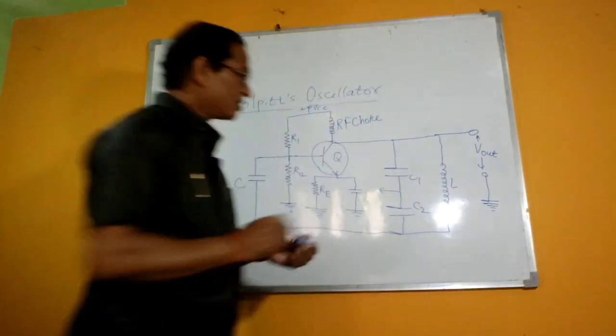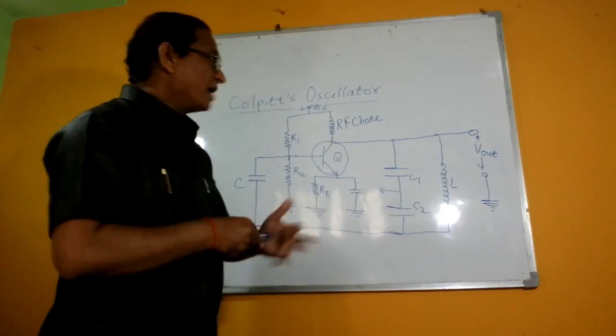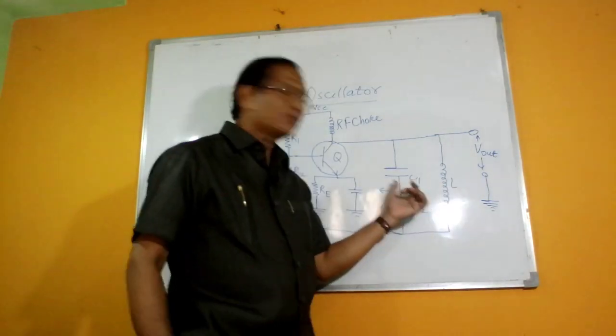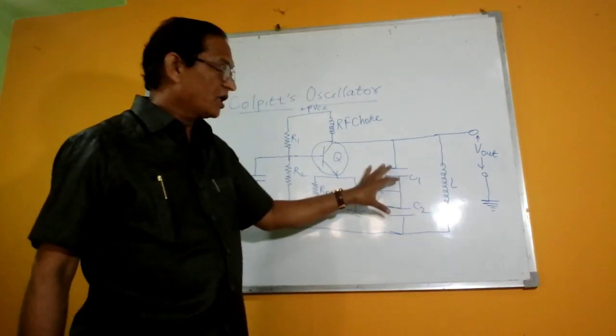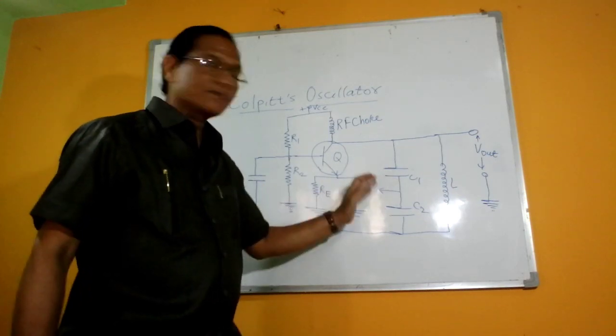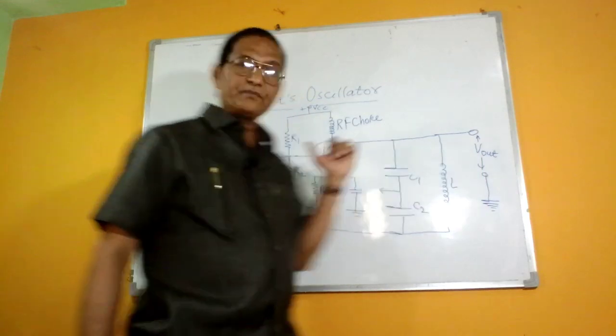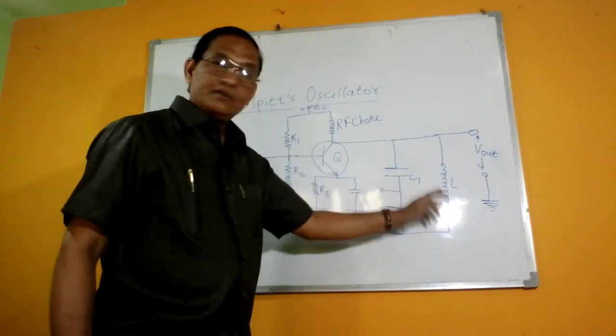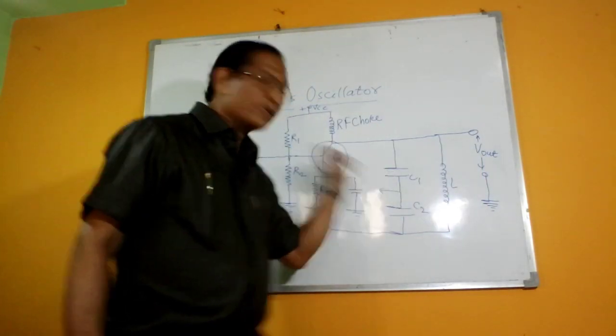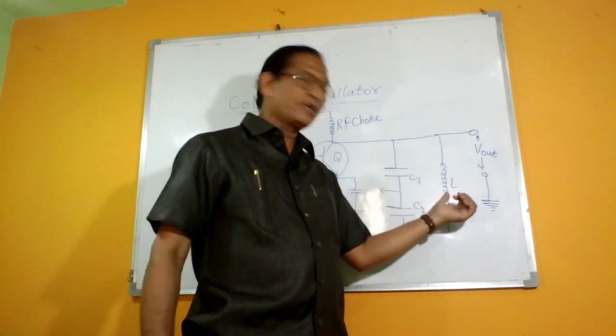As the capacitors C1 and C2 get charged, the electrostatic energy is developed across these capacitors. As L is in parallel with this one, this electrostatic energy collapses and the magnetostatic energy is developed across the inductance L. The capacitor is totally discharged through the inductance coil.